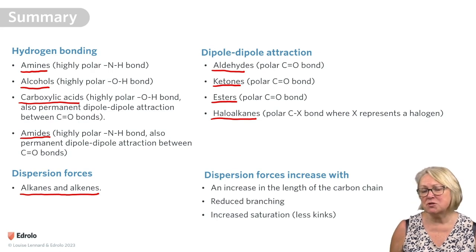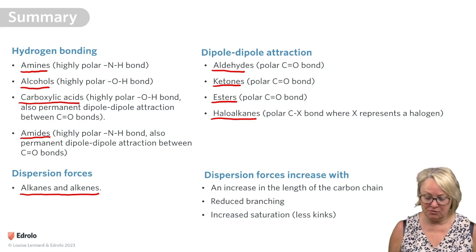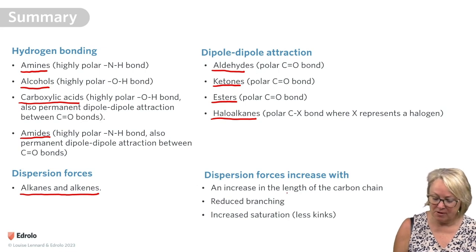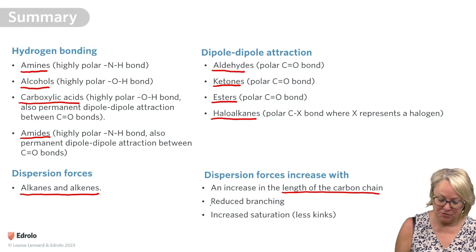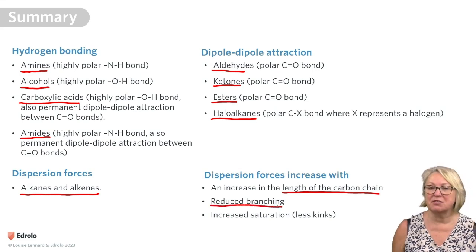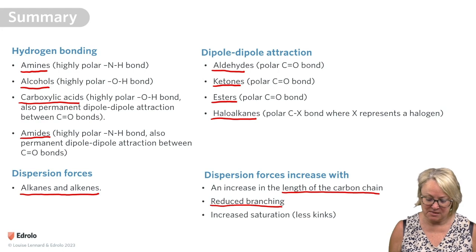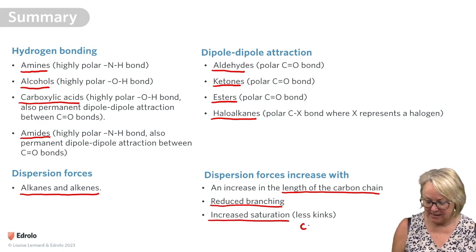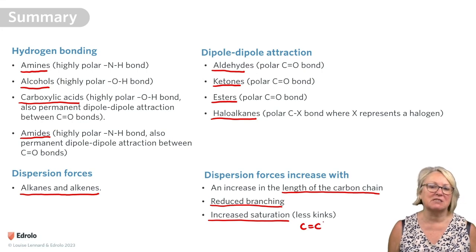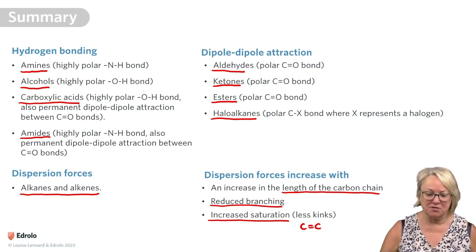And remember, dispersion forces occur between all molecules. They increase with the length of the carbon chain. They increase with reduced branching, so fewer alkyl side chains, and increased saturation, or fewer carbon-to-carbon double bonds or kinks in the molecules.